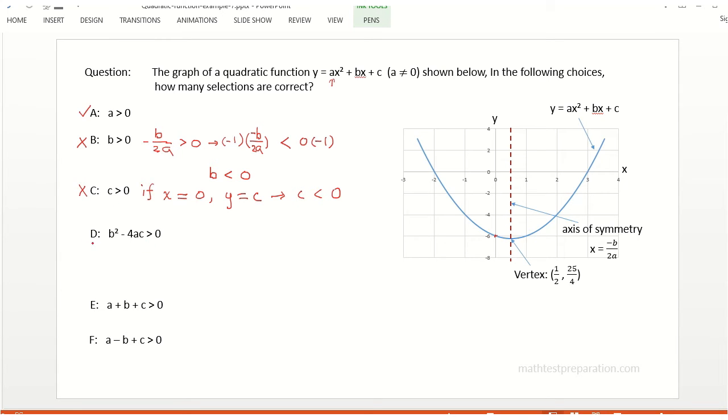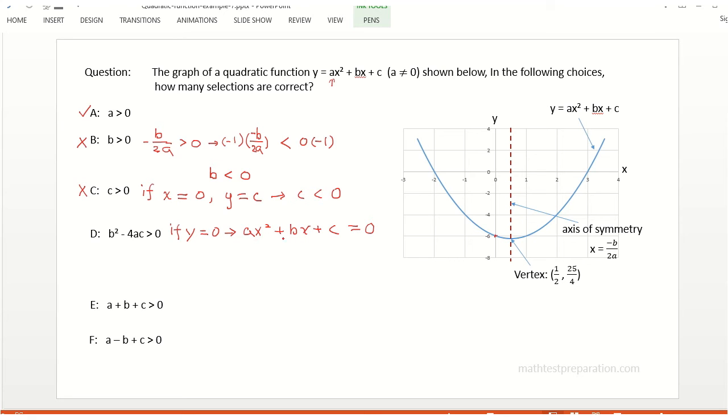Now look at choice D. If y equals 0, then we have ax squared plus bx plus c equals 0.